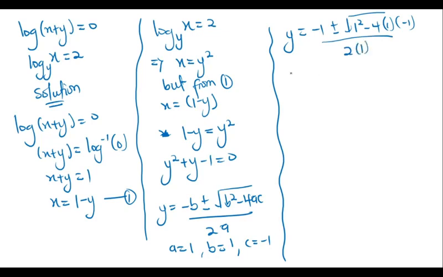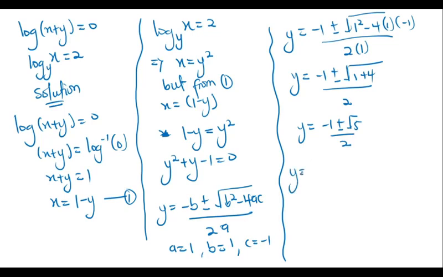Our a is 1, so we have y is equal to negative 1 plus or minus root of 1, then negative 4 multiplied by 1 is negative 4, multiplied by negative 1 will become positive 4, all over 2. So we have y is equal to negative 1 plus or minus root of 5 on 2. So the values of y can either be negative 1 plus root 5 on 2, or negative 1 minus root 5 all on 2.